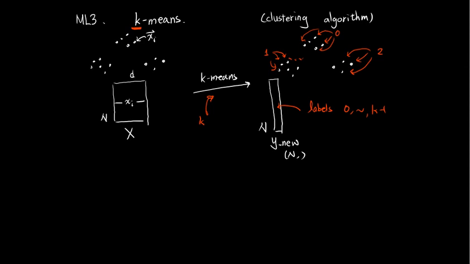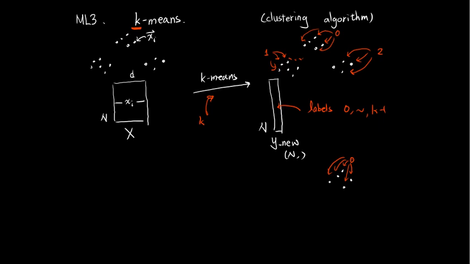Okay, so I think that's an essential idea of this k-means algorithm. And let's talk a little bit about the terminology and the philosophy behind this algorithm. So there are some easy terminologies. For example, when we say these all belong to the same cluster, they are all labeled by 0.